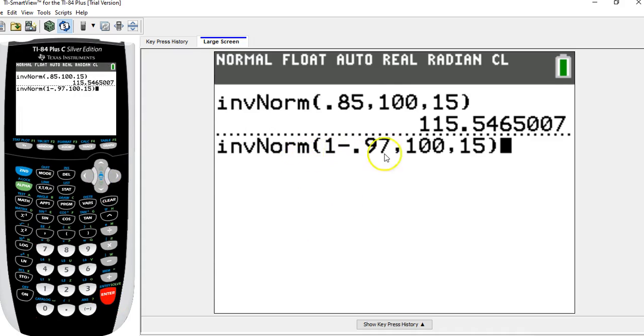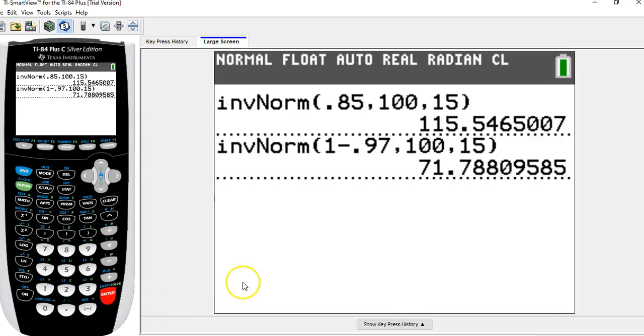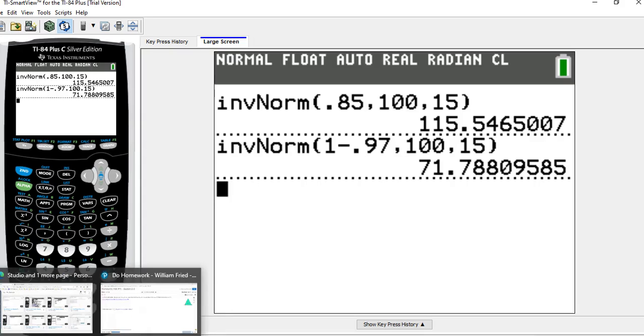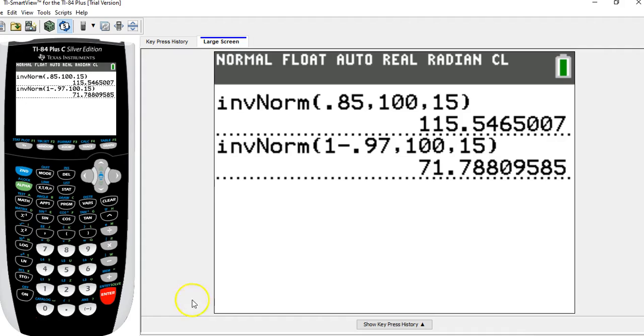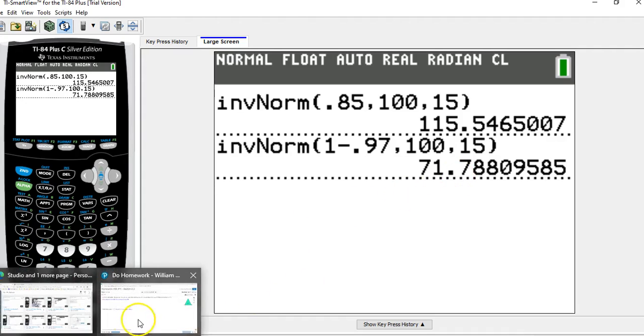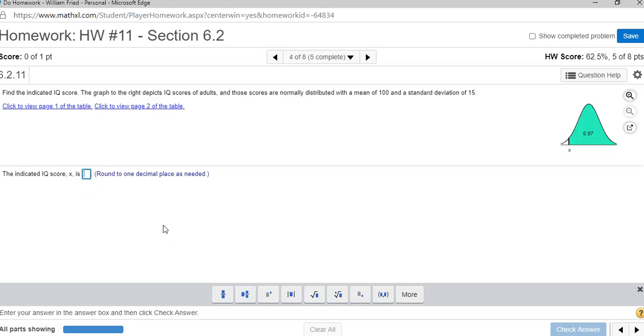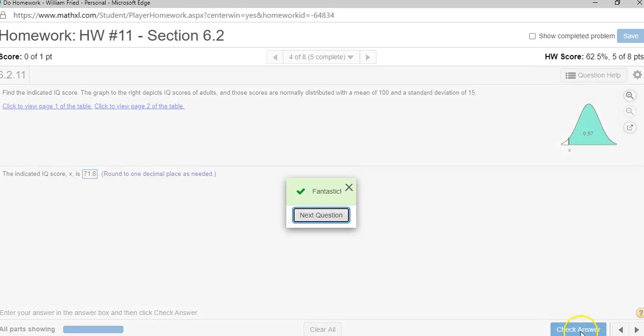Without the stat wizard, this is what you would enter directly. The result is 71.78. They want 1 decimal place, so 71.8 if I round that off. Check answer. Fantastic.